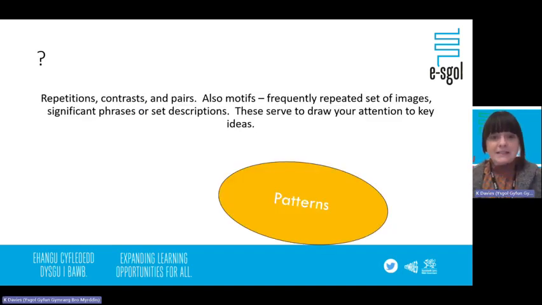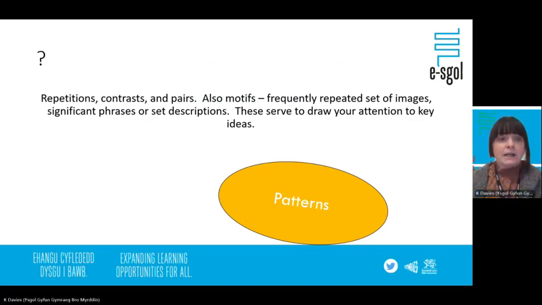So you've got things like repetition, contrast. Okay, so the first term that we need to make sure we're familiar with is that of patterns.